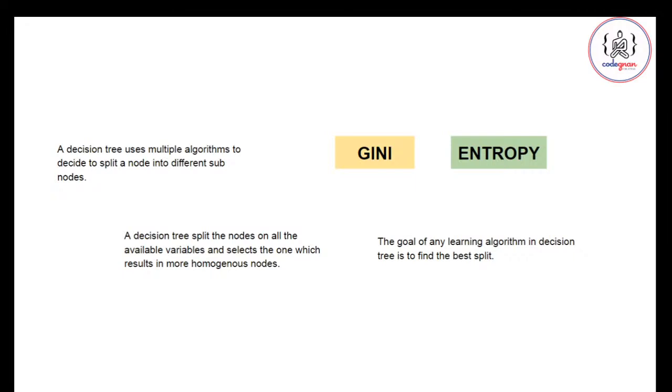We will see how this splitting happens, and the same you can think of for entropy as well. The task of both of these algorithms, Gini and entropy, is to have more homogeneous nodes after splitting. So let's talk about this Gini now.